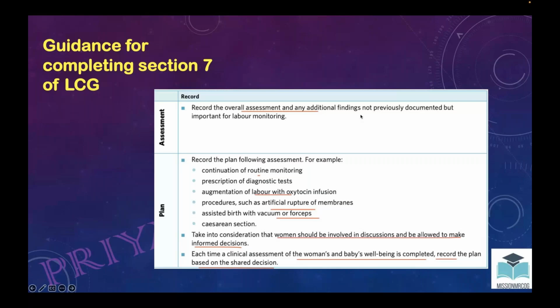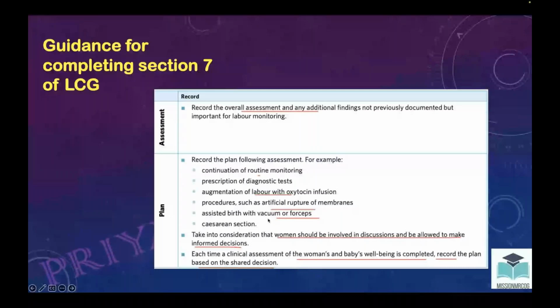The plan will be to continue routine monitoring, whether any test is required, any augmentation is required, any ARM is required, any intervention like forceps or vacuum is required, or cesarean section is required.